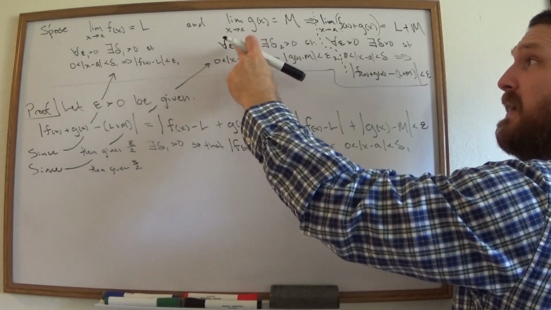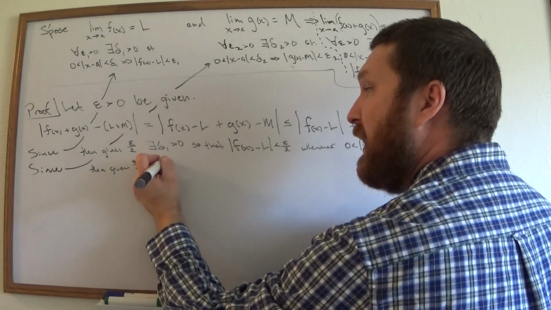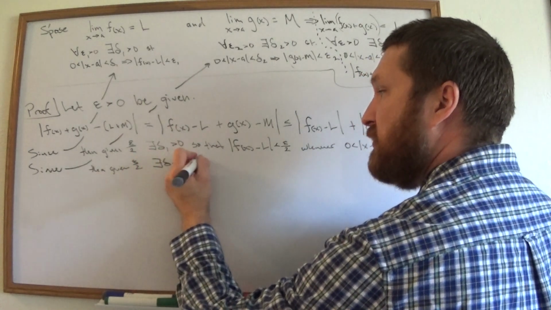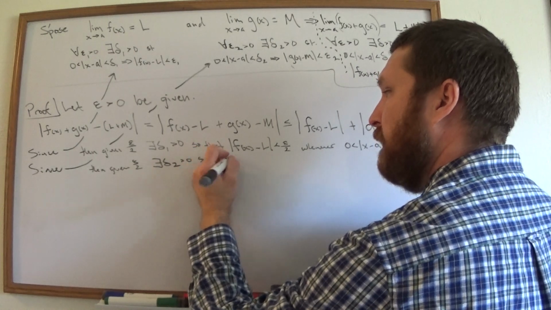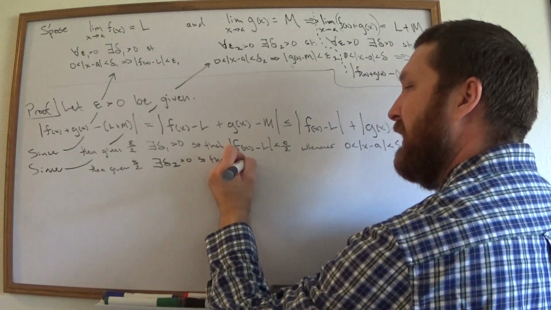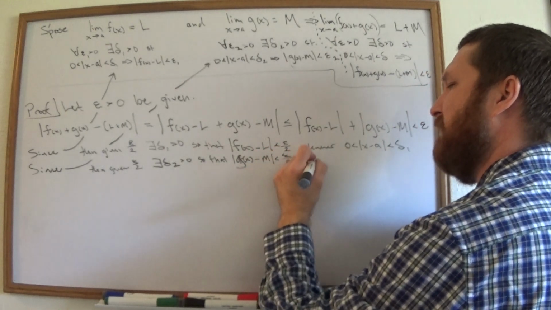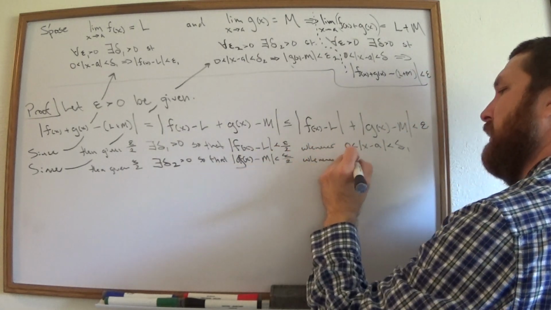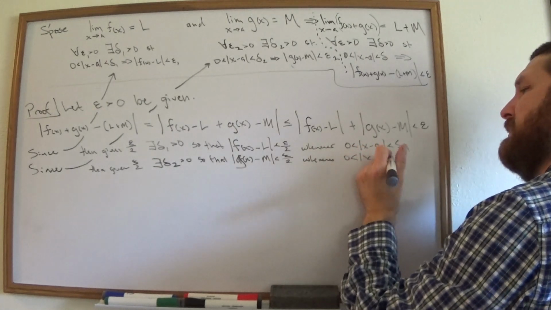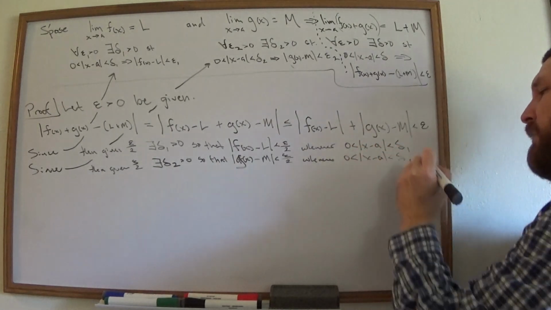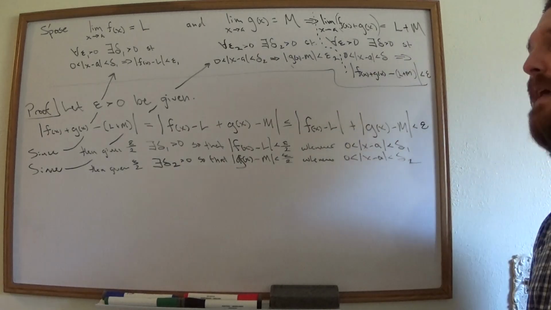Then for every positive number, there's a corresponding positive number, we'll call it delta 2, so that g of x minus m is less than epsilon over 2 whenever 0 is less than the distance, whenever you're within delta 2 of that distance.